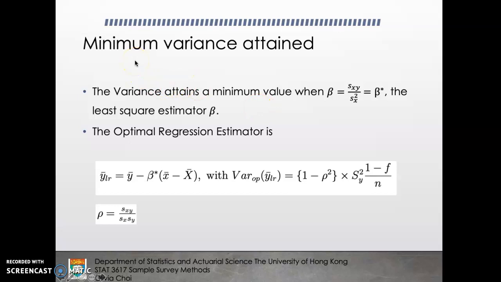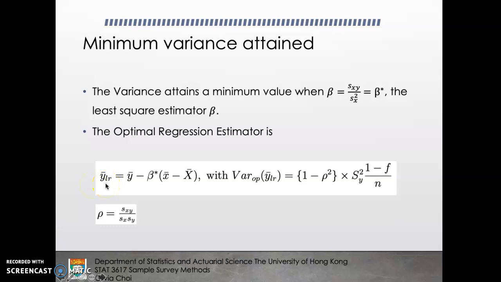We said that the minimum variance could be attained when beta equals sxy divided by sx square. That is the formula for the slope under the least square estimator. The optimum regression estimator could be expressed in the following.